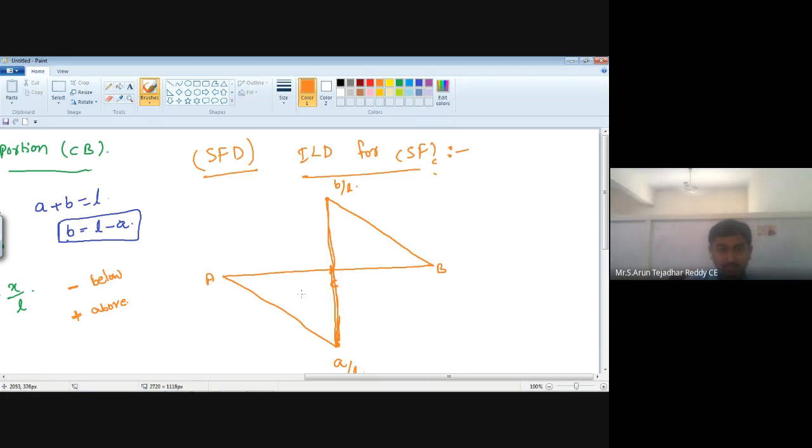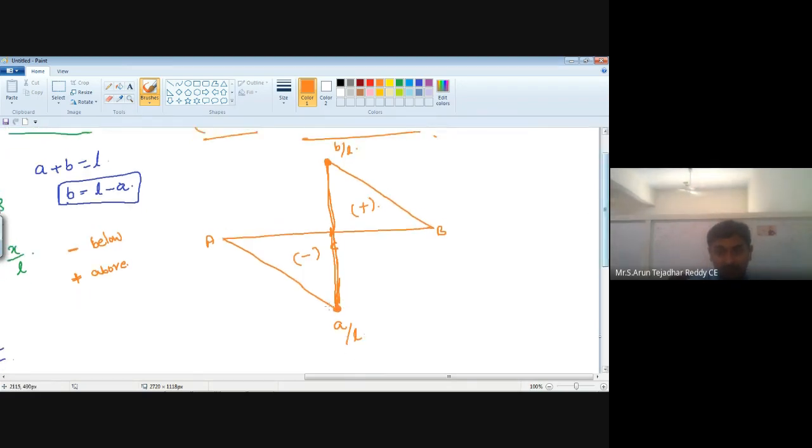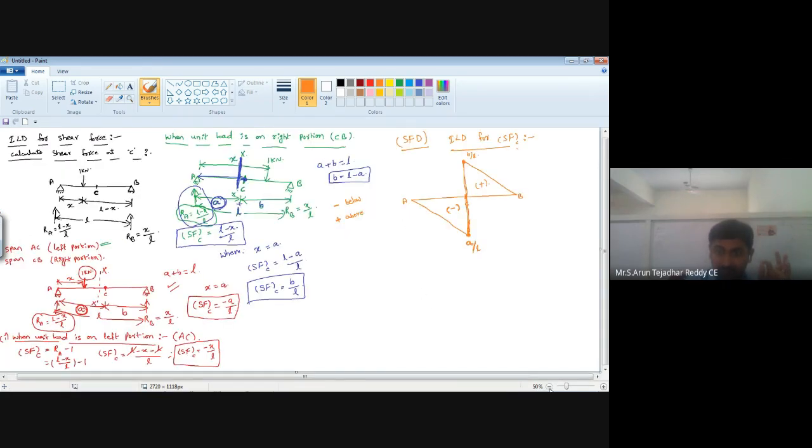This is minus SFD. This is plus SFD. It means this value is plus B by L and this value is minus A by L. This is the minus shear force diagram, minus A by L. So this is our ILD for shear force.